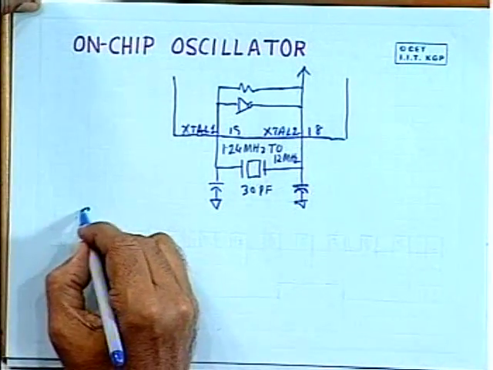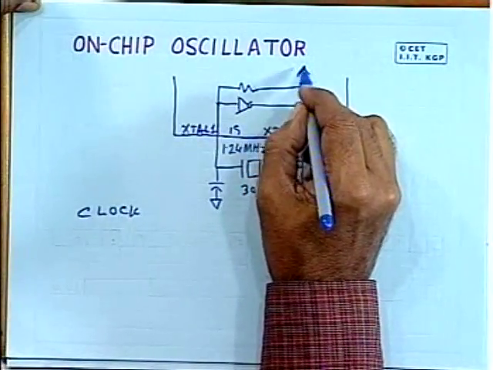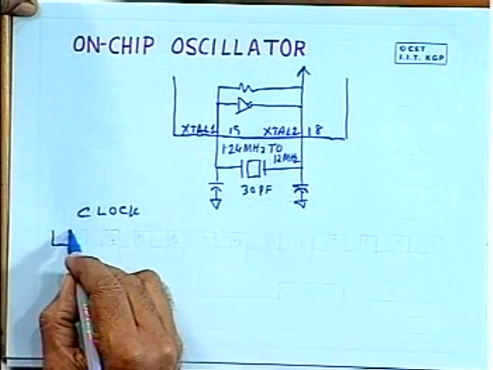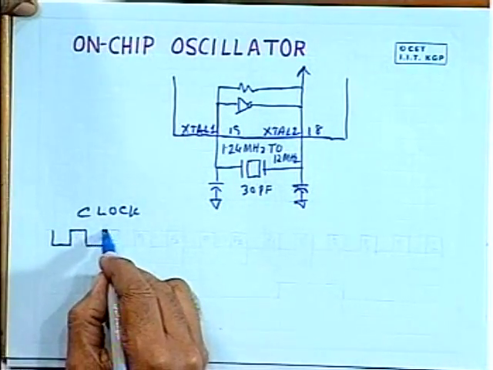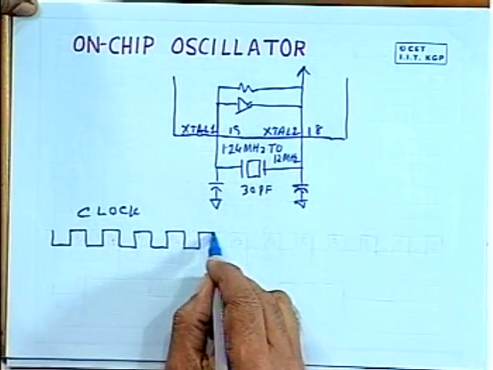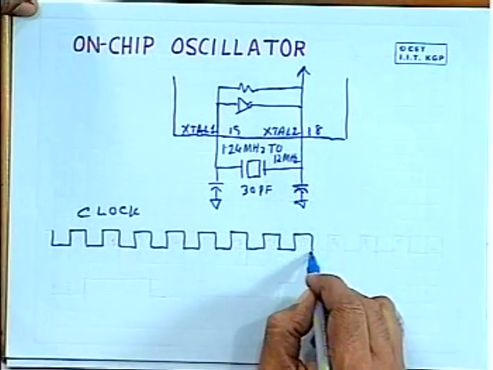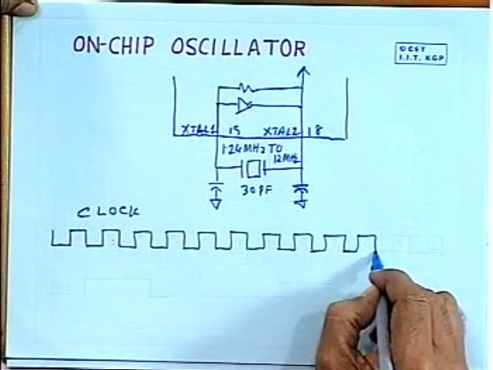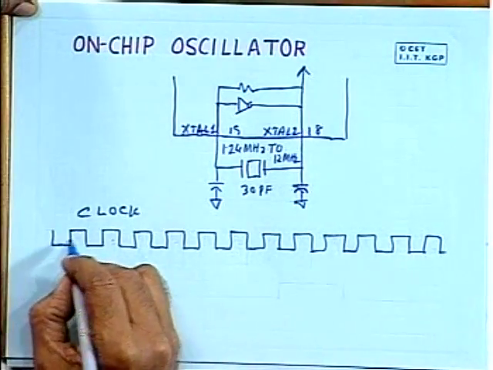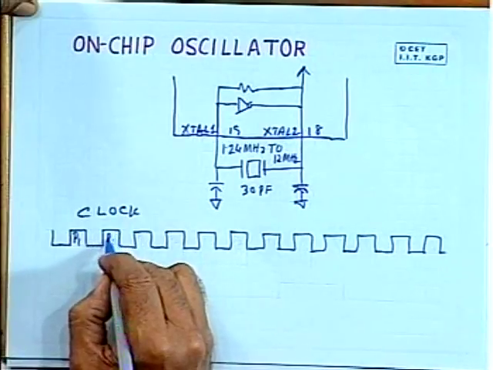And the clock is generated in this way inside the chip, and this goes to the inner part of the circuitry. And the clock is available. I am drawing the clock, and how it is used I shall explain. So it has got two phases, phase 1 and phase 2, P1 and P2.